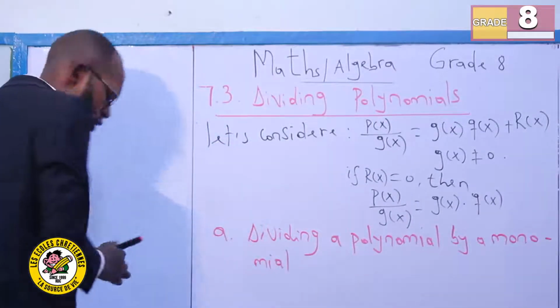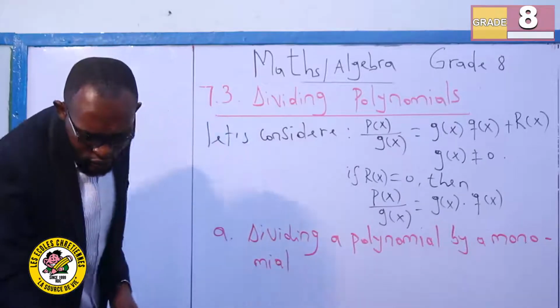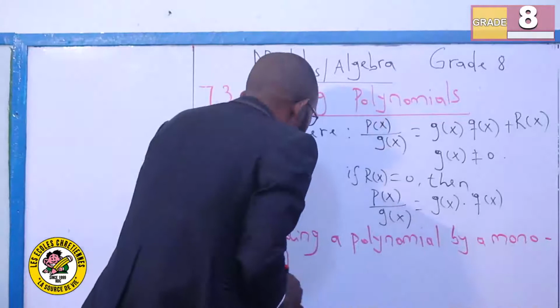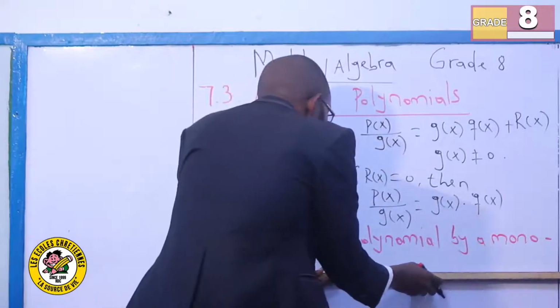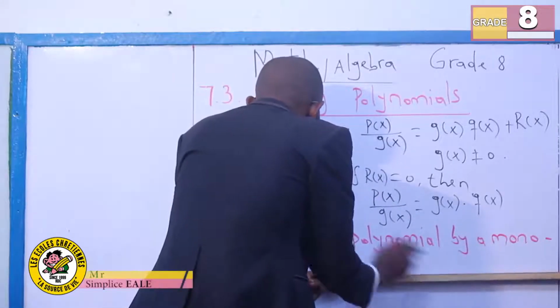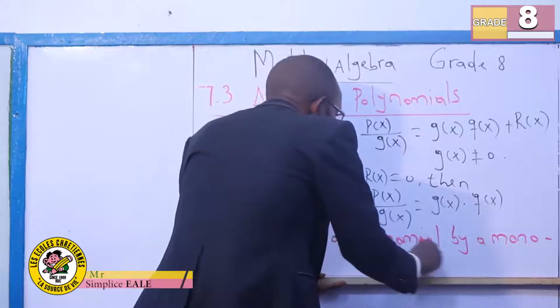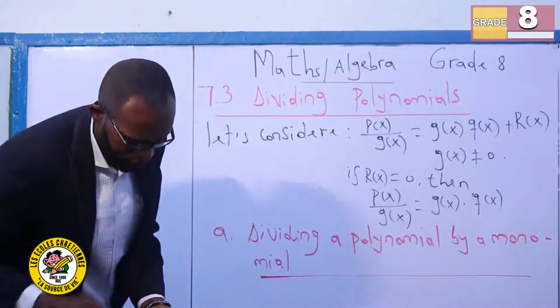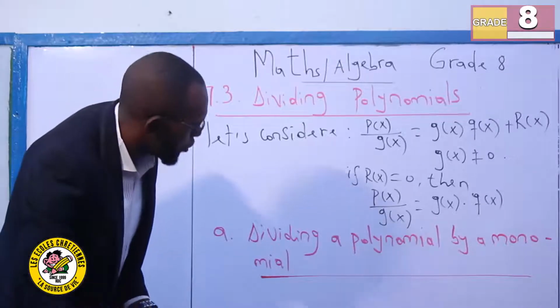This case is very easy. You just need to simplify. If they want you to divide a polynomial by a monomial, you just need to simplify.